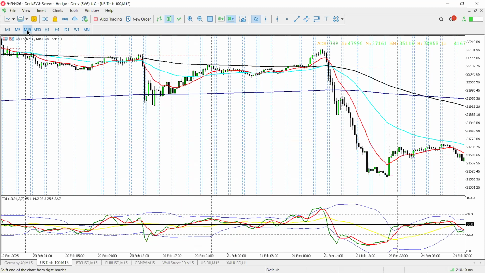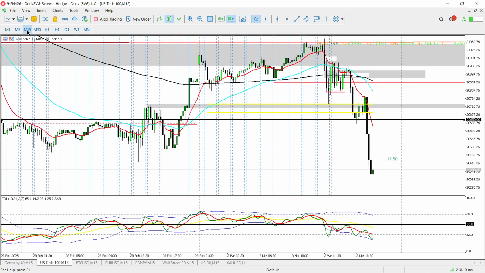So if you're trading the PM session, you need two things, or one main thing basically. You need a trending market. So you just need to check where your market is trending to or trending from. Today we're looking at Nasdaq, and this was the highest high. You can see we had a liquidity sweep here.